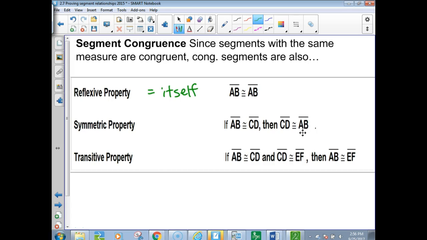The symmetric property, you can flip the sides of the congruence or equality, not inequality. The transitive property, which goes 1, 2, if 2, then 3, then you can say 1 and 3.